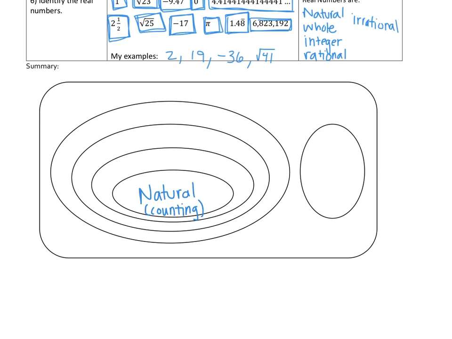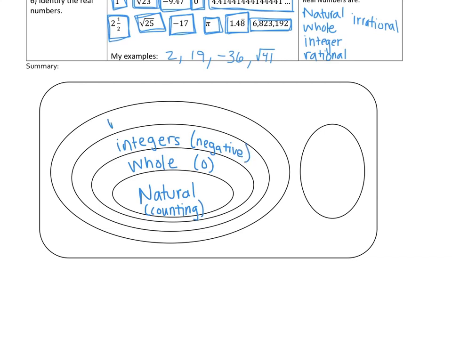After natural, we have whole numbers. Whole numbers include the natural numbers and 0. Okay, then we have integers. Integers are whole numbers and natural numbers, but now it can also include negatives. Negative numbers that are the opposites of wholes.